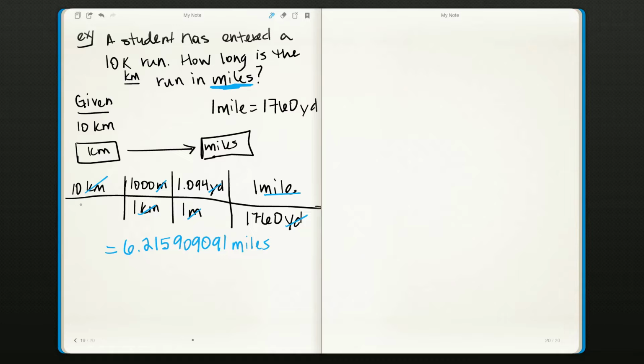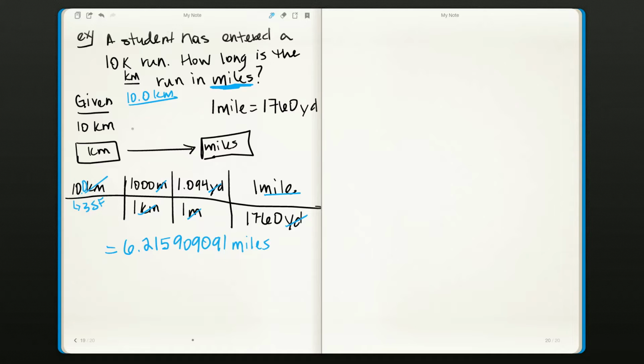Okay, so now we need to look at sig figs again. So this number in the problem, I wrote it wrong up here. It was actually written as 10.0 kilometers. So this number should be 10.0. So we started with 3 sig figs. And remember, all of these are definitions, so they don't count. They have infinite sig figs.